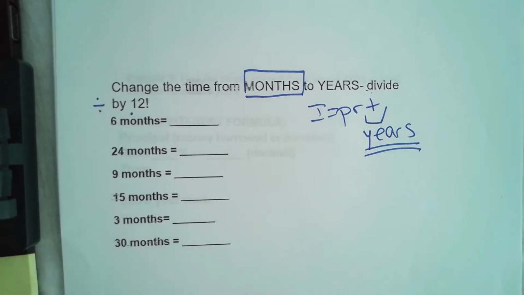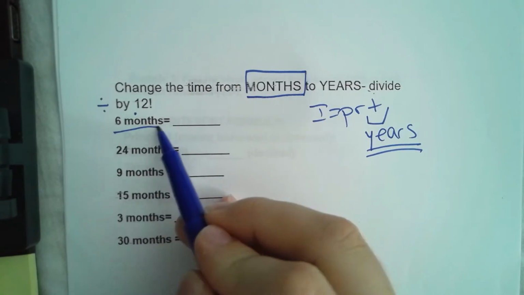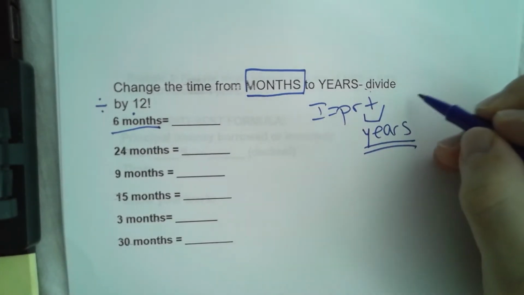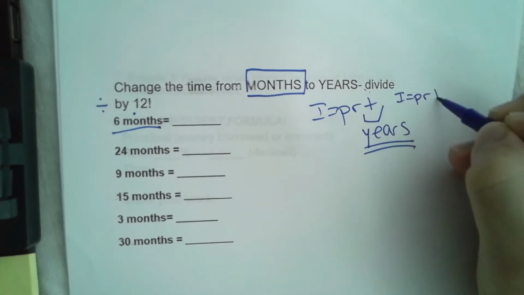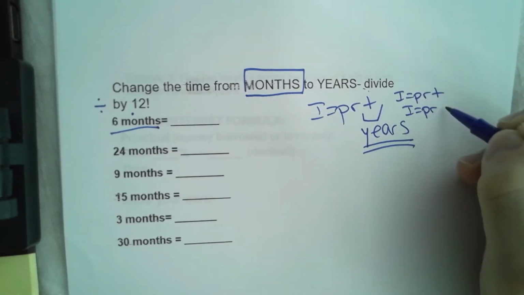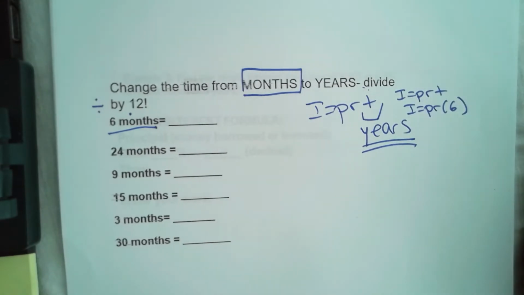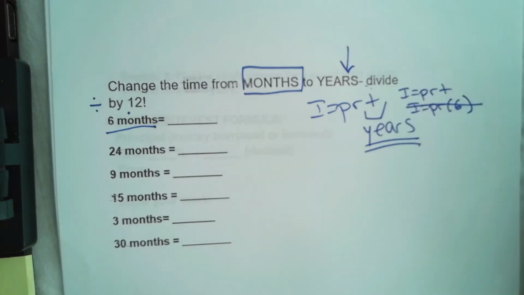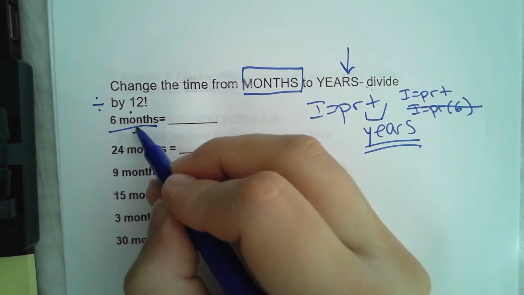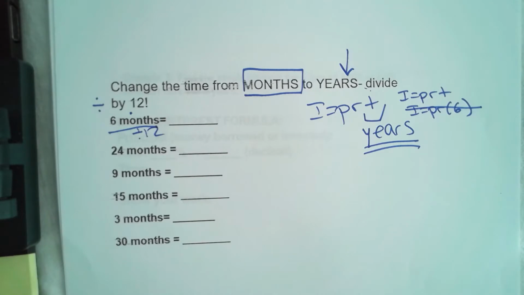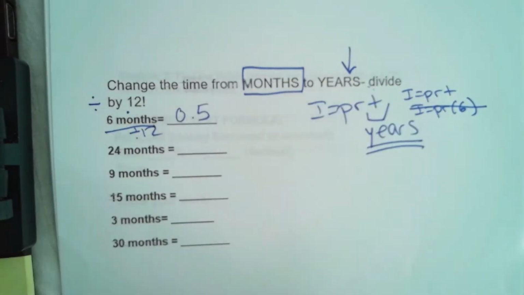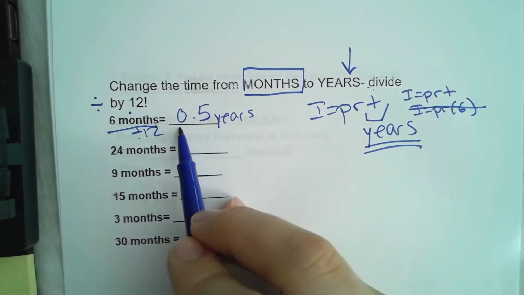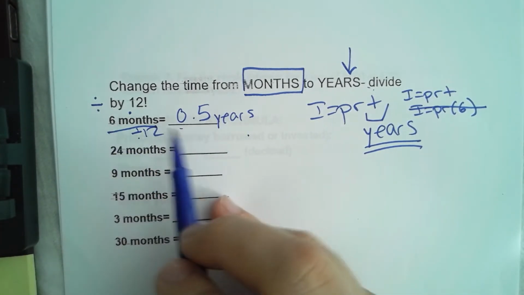Easy peasy. So, 6 months. That does not mean I put 6 over here. When I do I equals PRT, I don't put 6 because I need years. So this is wrong. I have to do 6 divided by 12, and I get 0.5. That basically means 6 months is 0.5 years, right? 6 months is half a year.